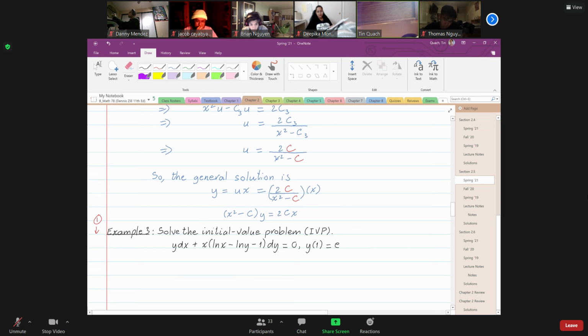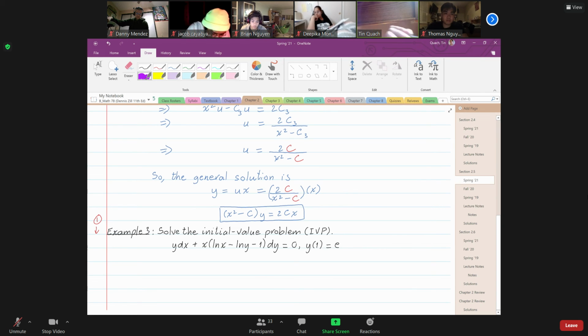Please don't write 2 times c as another constant, okay? Because you want to have only one constant involved in your general solution, which is the letter c. So you want to leave it that way, okay? So here you have an implicit solution.